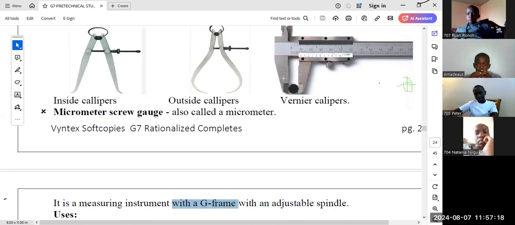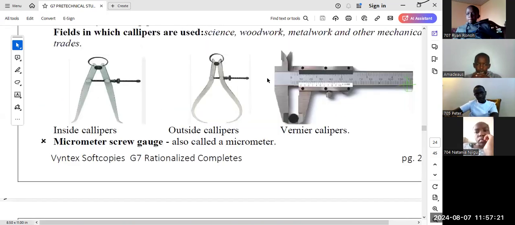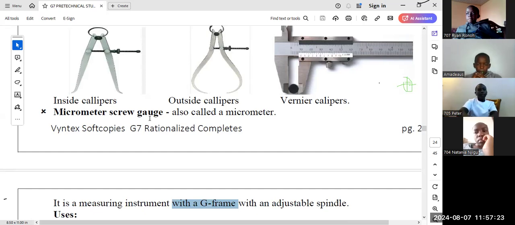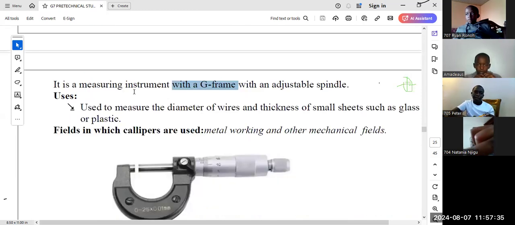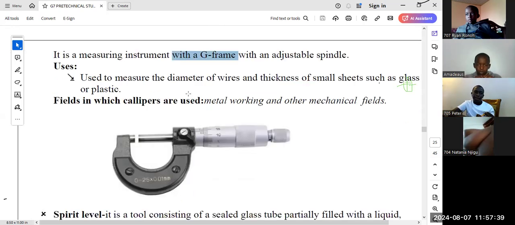Then from the calipers, we have the micrometer screw gauge as another measuring tool. And this one is also called the micrometer. Now, the micrometer is a measuring tool or instrument with a G frame. And I already showed you the frame here.